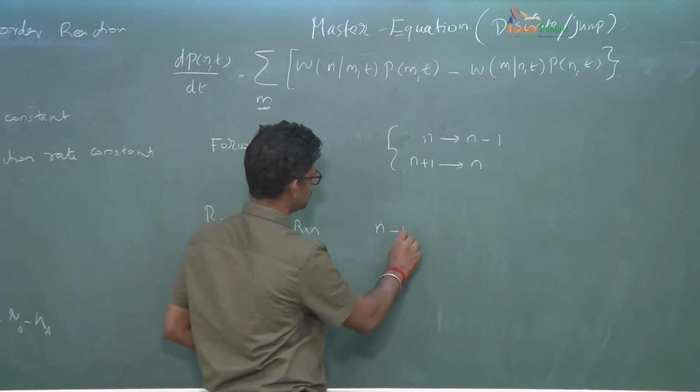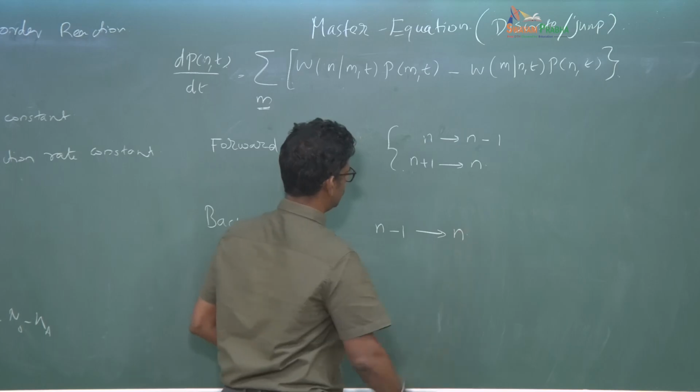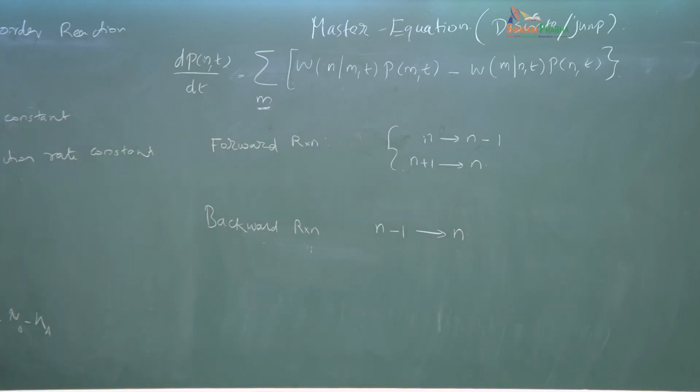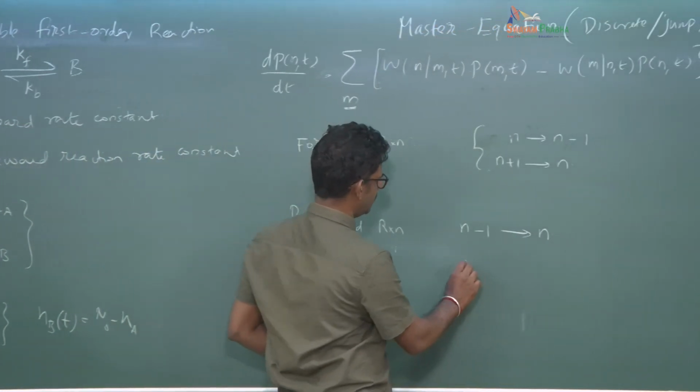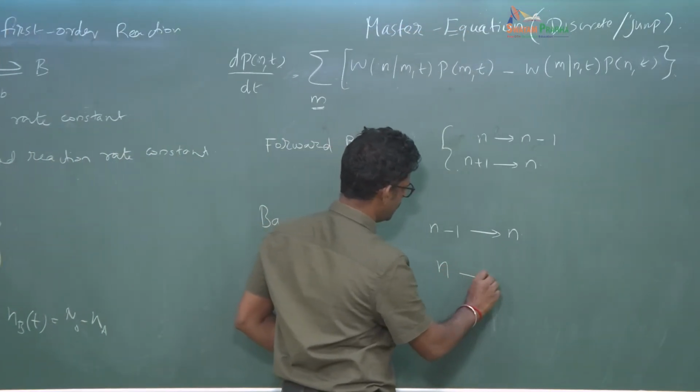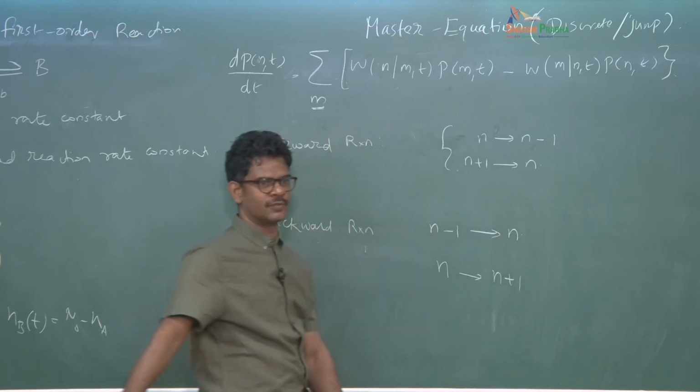You can have n minus 1. If I have n minus 1, one backward reaction can take it to n, and then if I have n, it can go to n plus 1, right.